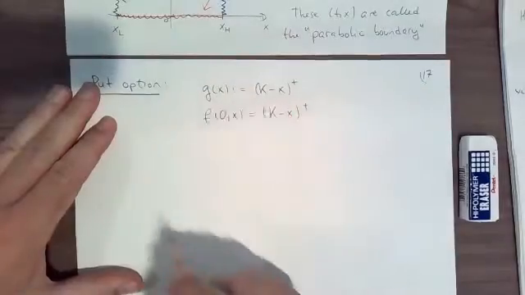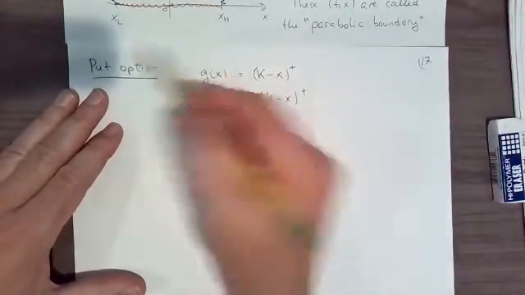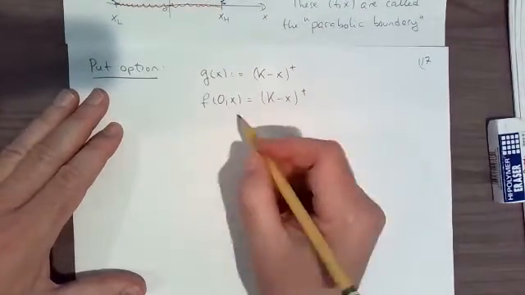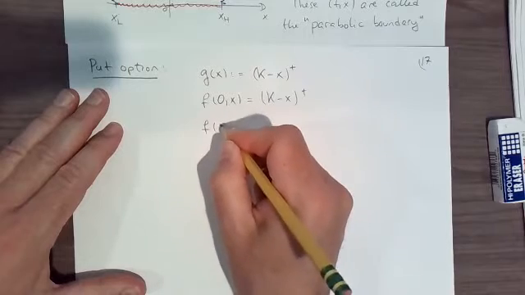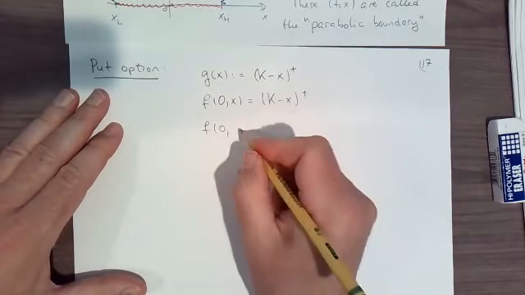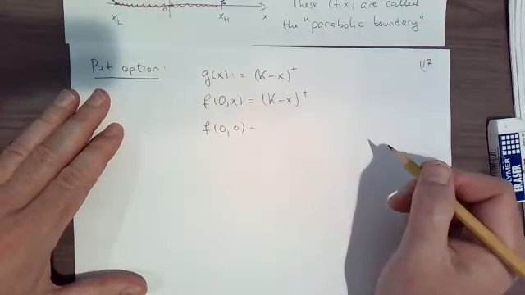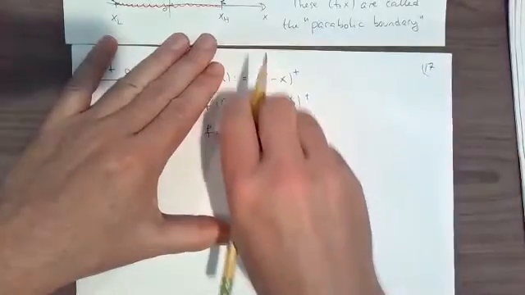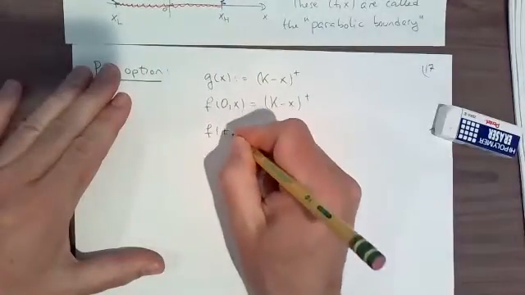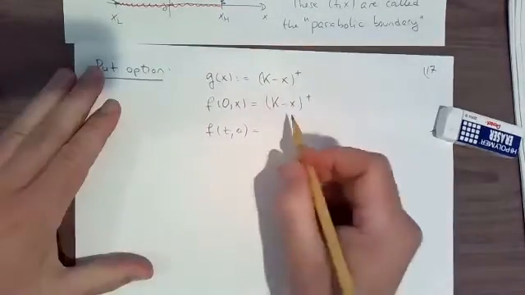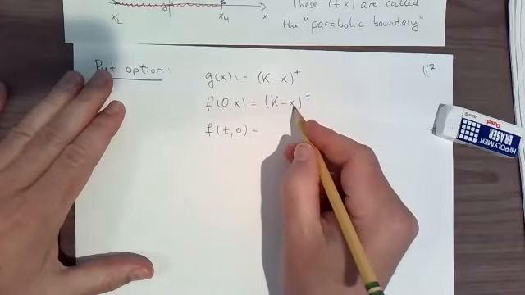So this is on that parabolic boundary, and then what is the value of f when the stock price is 0? Well, this would be when x is equal to 0.